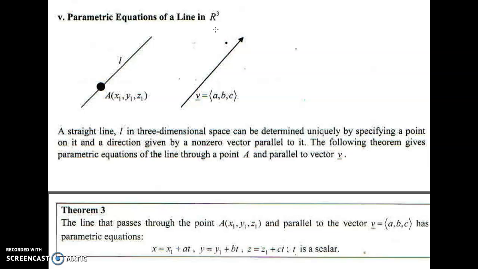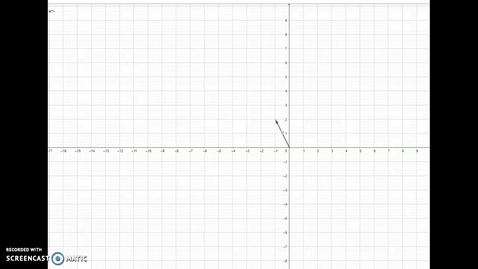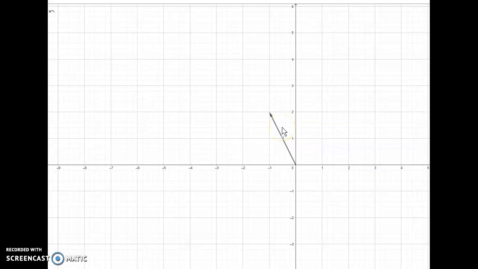We have y equal to mx plus c. This is the formula of a straight line for the case of 2D. We have x and y, and we can figure out the equation of the straight line by using the idea of y equals mx plus c.